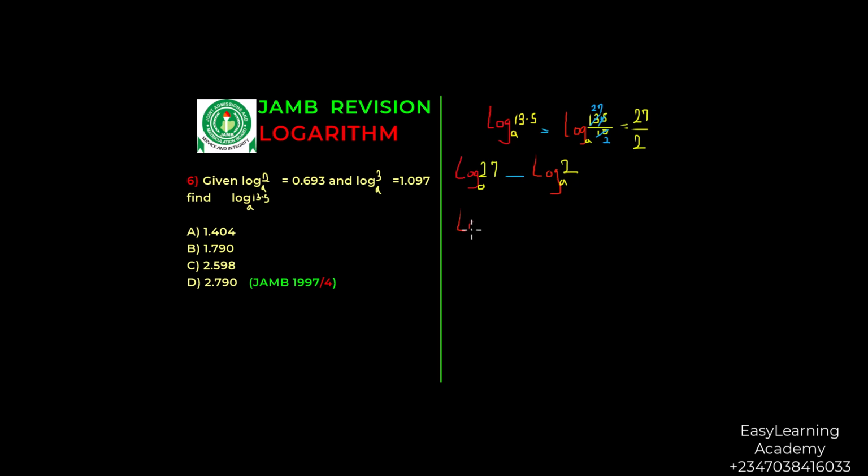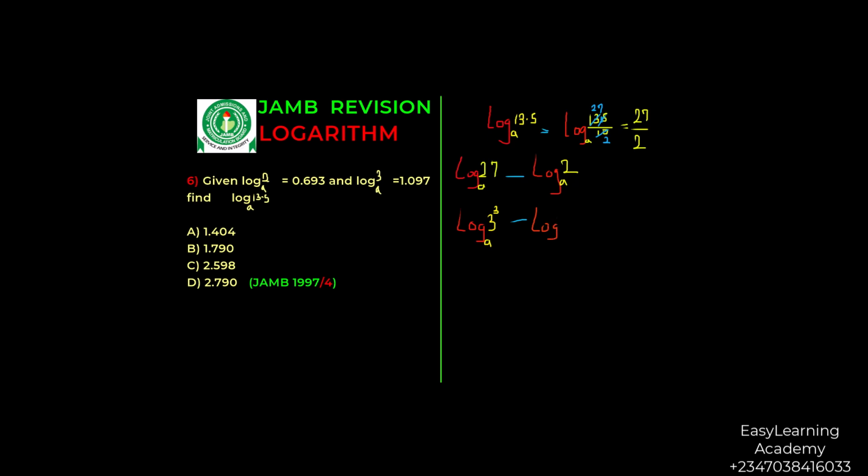So we can have it as log 3 raised to the power 3, because 3 times 3 times 3 will give us 27. Replacing 27 with that, log 3 raised to the power of 3 has taken care of 27. Then we say minus log 2 to base a.